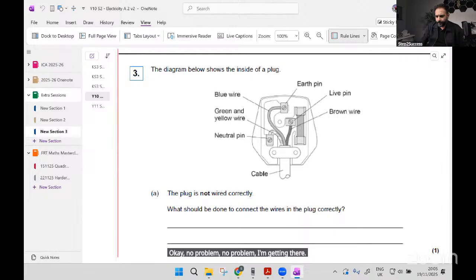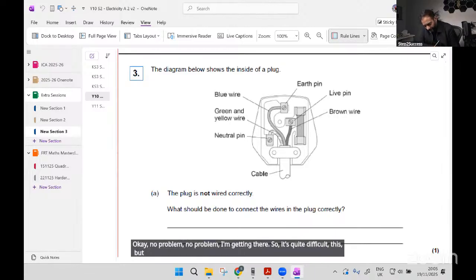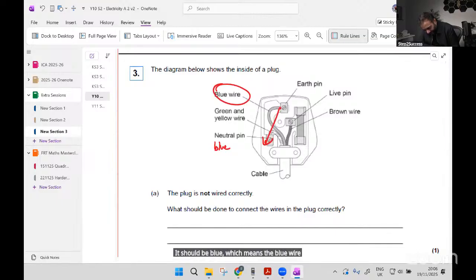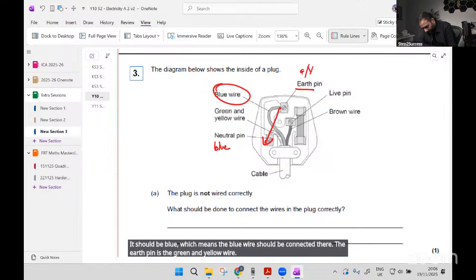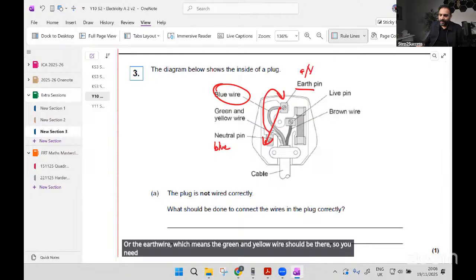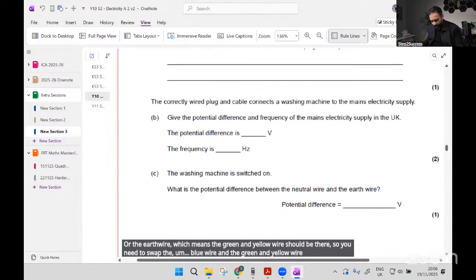It's quite difficult, this, but the neutral wire should be blue, which means the blue wire should be connected there. The earth pin is the green and yellow wire, which means the green and yellow wire should be there. So you need to swap the blue wire and the green and yellow wire. That's what we need to say first to correct that.